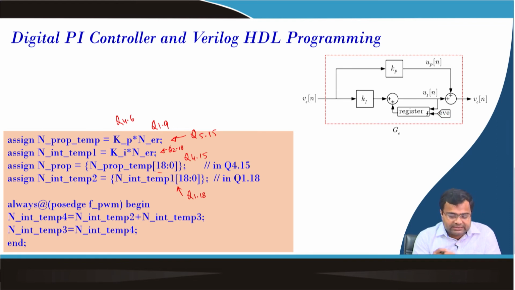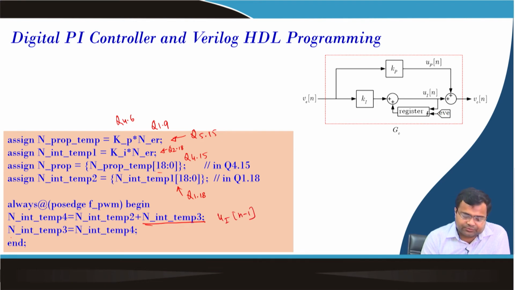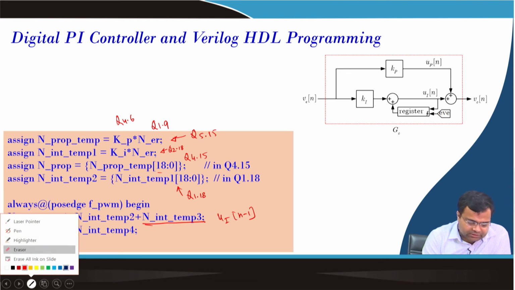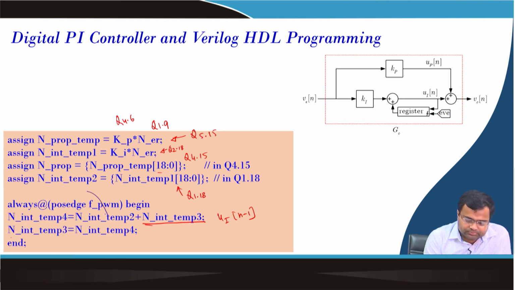Now, inside the integral you have that one history term. So, here this is the history term, it is like u(n-1), this corresponds, and this corresponds to what? So, this particular term is coming from here, which is a resizing of Ki.